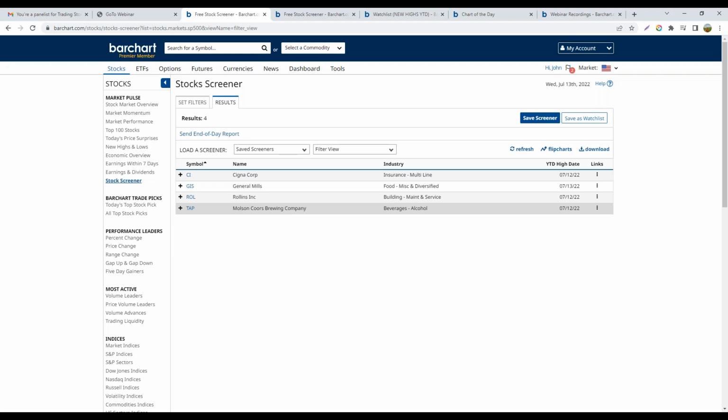What I see here is insurance, food, consumer staples, maintenance, and alcoholic beverages. Dare I say, these are what I would consider maybe recession-proof or defensive type stocks.